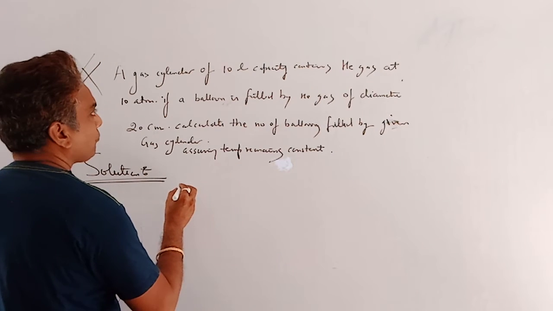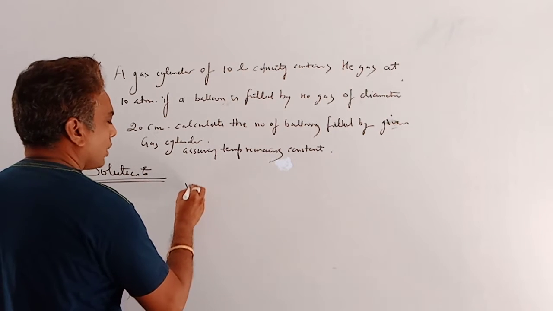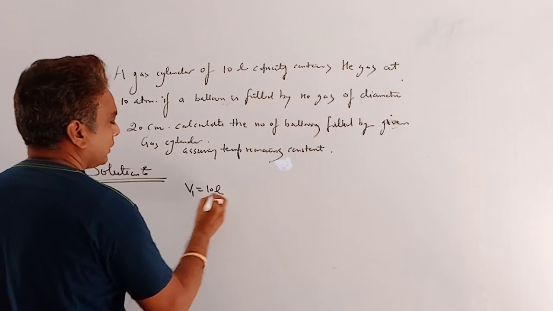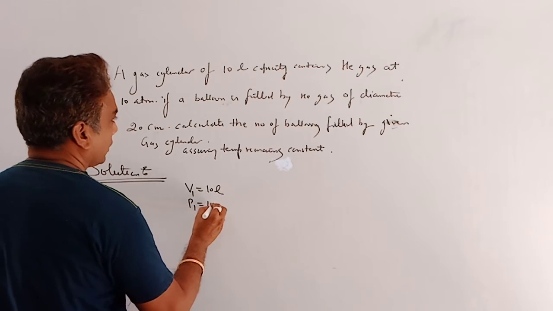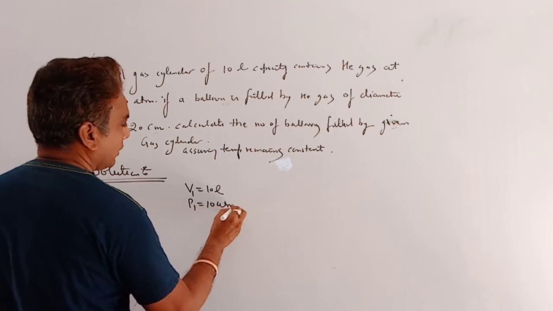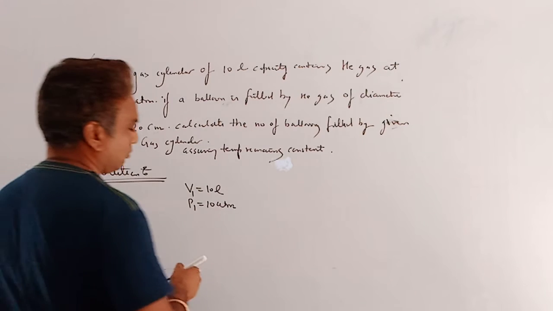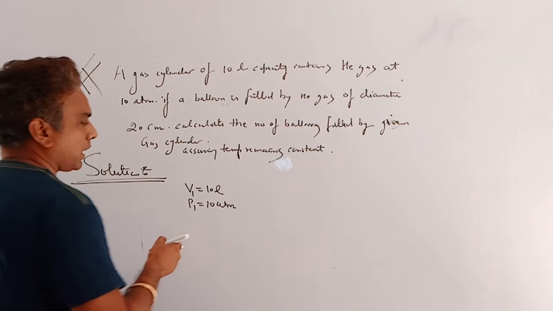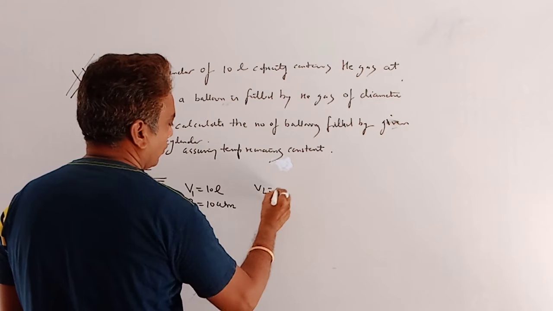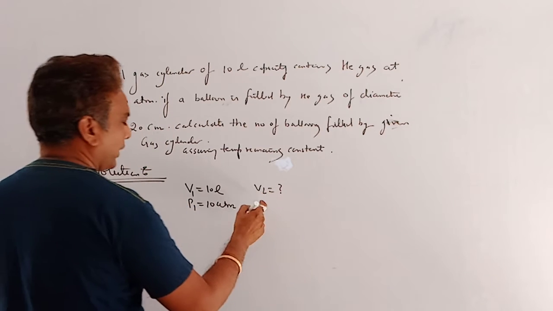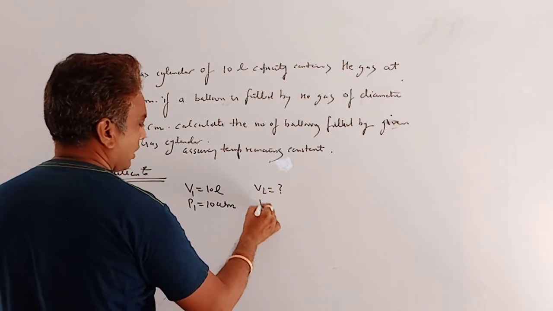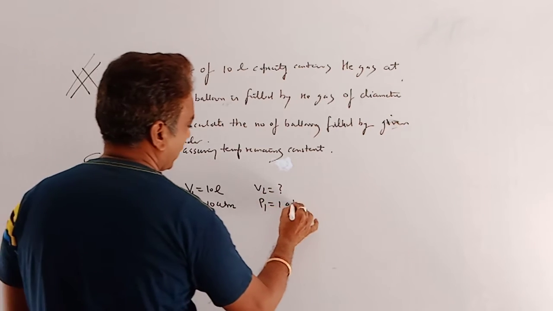So initial volume will be 10 liters, initial pressure will be 10 atmosphere, temperature remains constant, so from the gas law temperature will be cancelled out, V2 will be found and P2 will be 1 atmosphere.